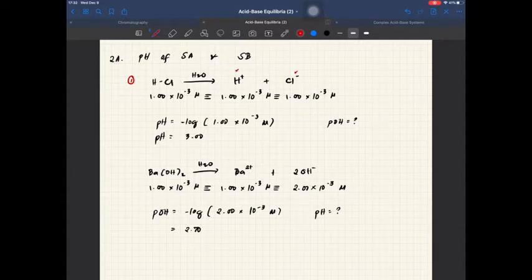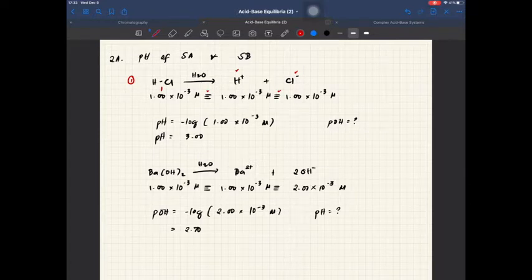Since this one is a strong acid, all of the species are stoichiometrically equivalent. So if you have 1 times 10 to the negative 3 molar for hydrochloric acid, it also follows that the concentration of the dissociated species are also the same.